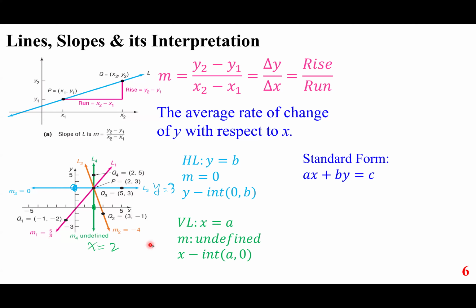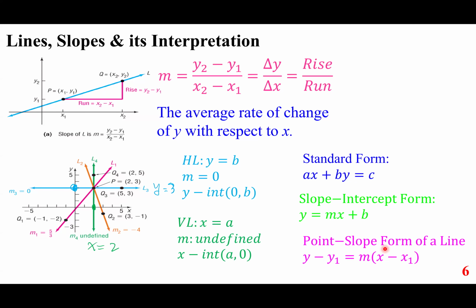Standard form of a line ax plus by equals c, that means x and y are on the same side. Slope intercept form, y equals mx plus b. If you solve for y, that's what you get. And point slope form of a line, y minus y1 equals m times x minus x1.